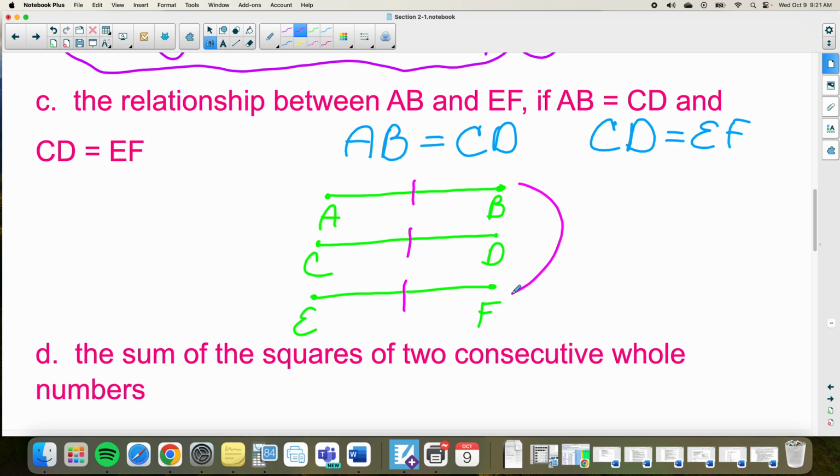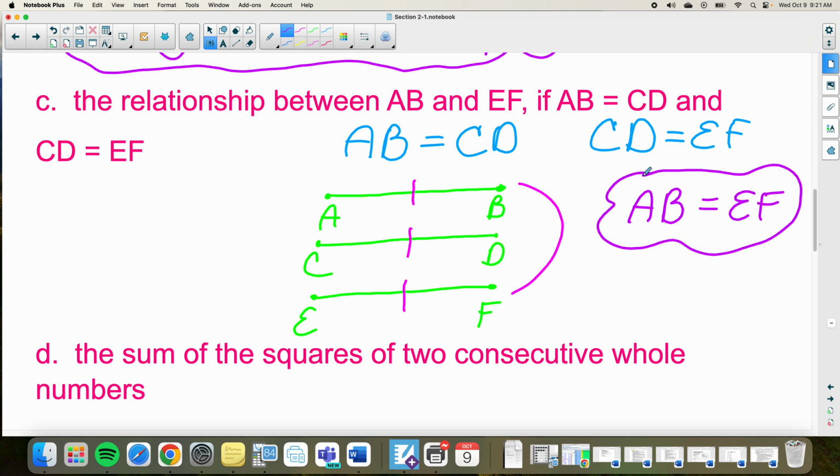What would you think? If this equals this and this equals this, what would you think about these two? They would be equal also, right? So our answer here would just be that AB equals EF. Okay.